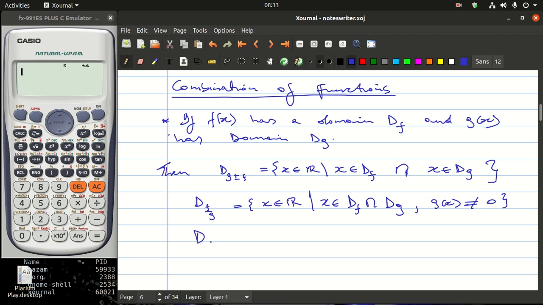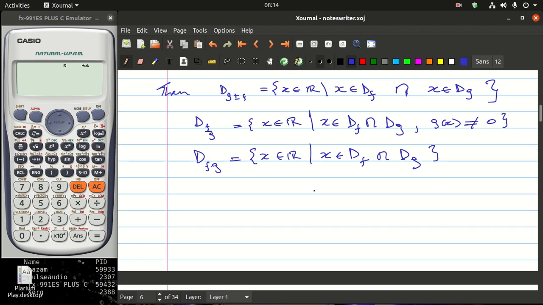But if you are looking for the domain of f of x times g of x, x is an element of real numbers such that x is an element of d of f and d of g. So the domain of the addition and subtraction and the domain of multiplication is the same. That's how you end up breaking down a very big function.